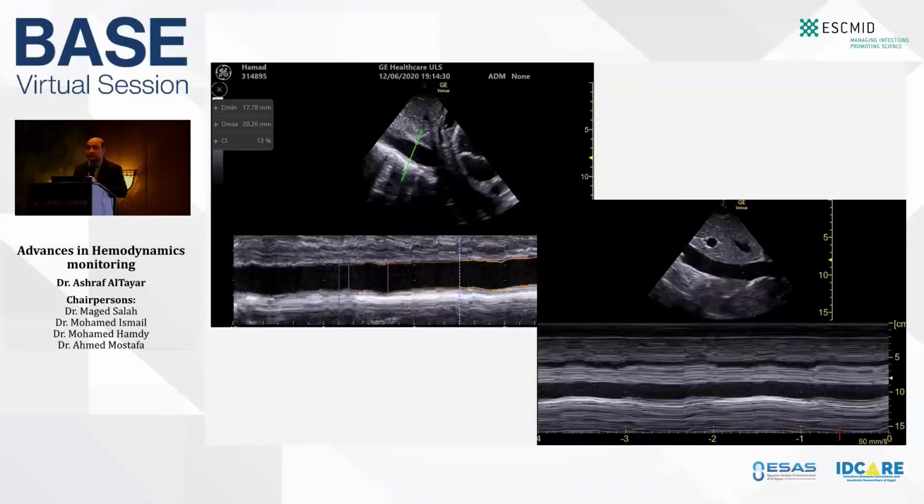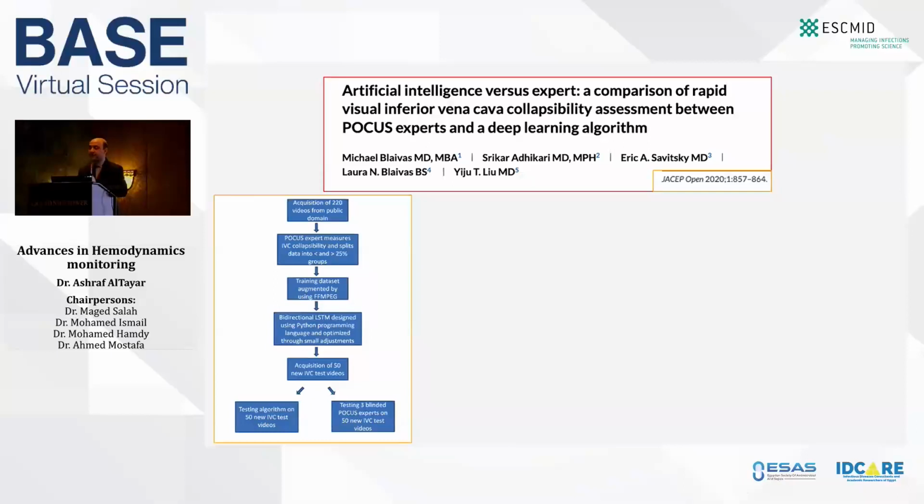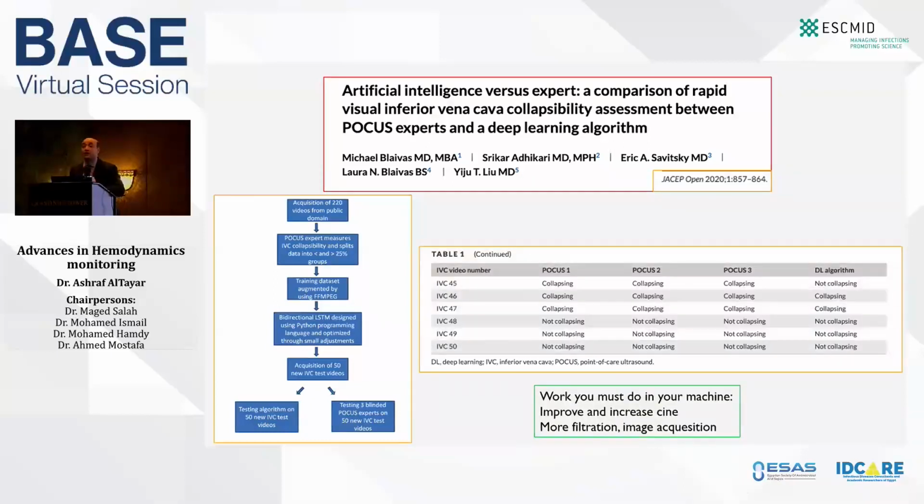But artificial intelligence can help you, if you have a good image, to identify and do the measurement for you, and this may save time in the ICU. When expert doctors working in the ICU were compared to a deep-learning machine, to see if they are equal or not, in the majority of these studies there was no difference if you teach the machine how to recognize things.